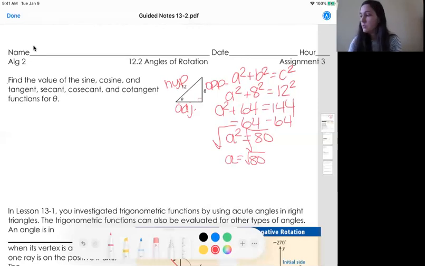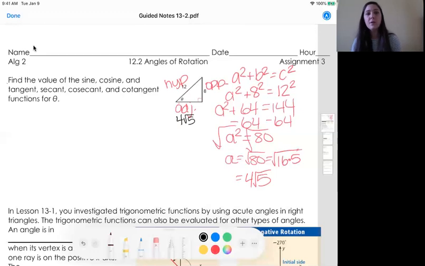And we can. So I know 16 times 5 is 80. So I could rewrite this as root 80 is the square root of 16 times 5. From there, I can take the square root of 16, which is 4. And then the square root of 5. 5 is a prime. We can't take the square root of that. So it's just 4 root 5. So that's really nice. So now I know my adjacent side length here is 4 root 5.